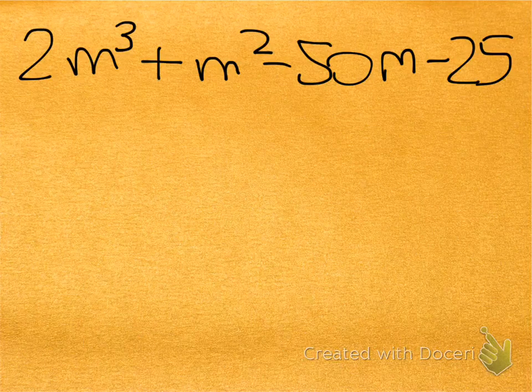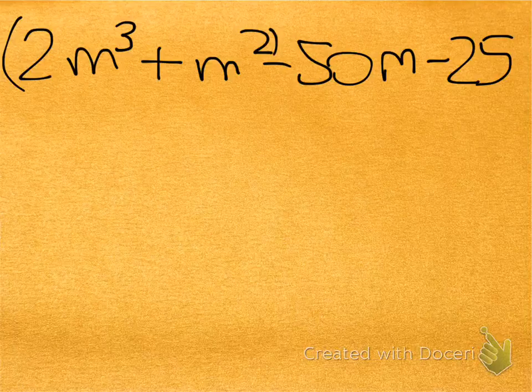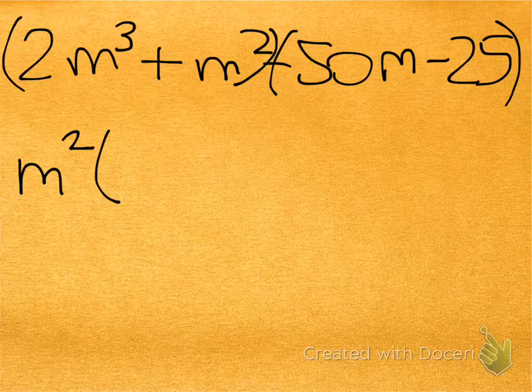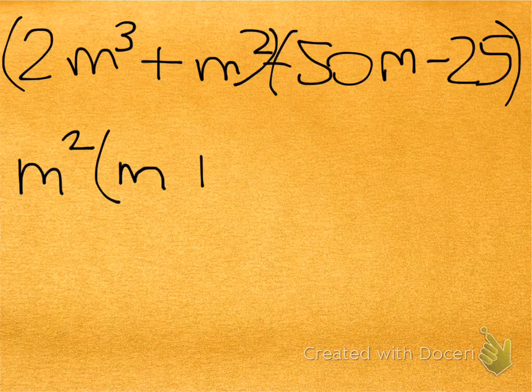Here we have factoring by grouping, so we're going to group the first two and the second two, and take out what they have in common.